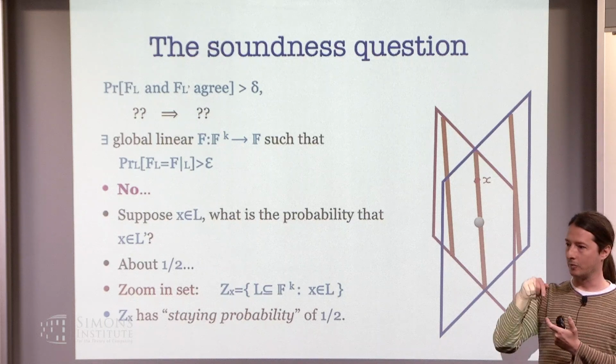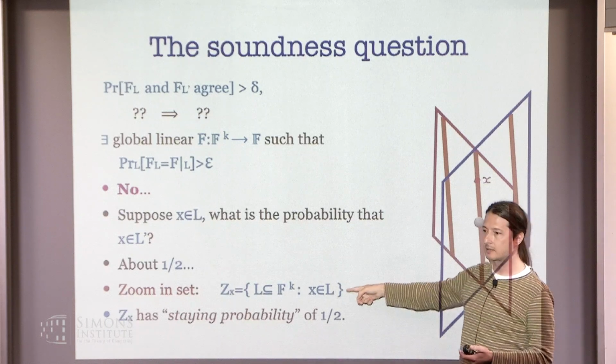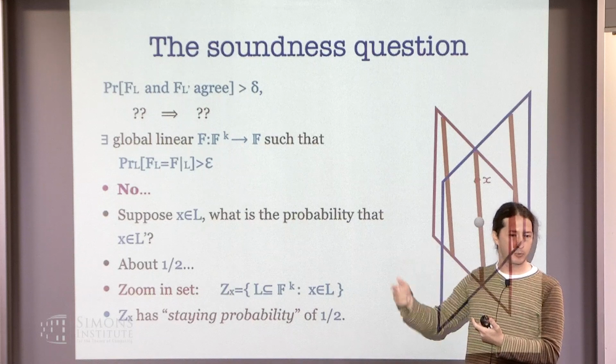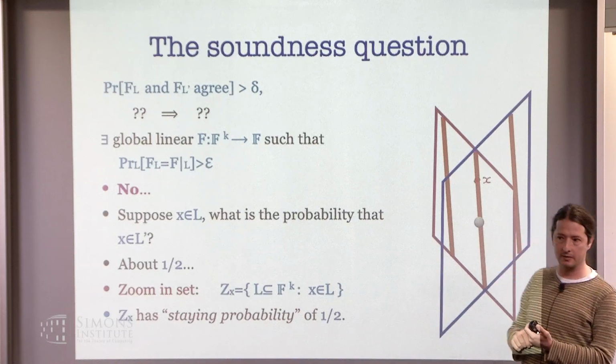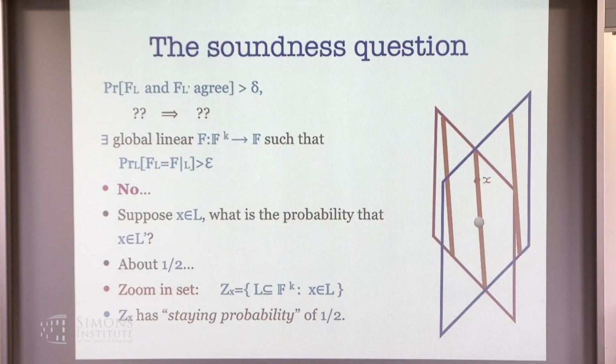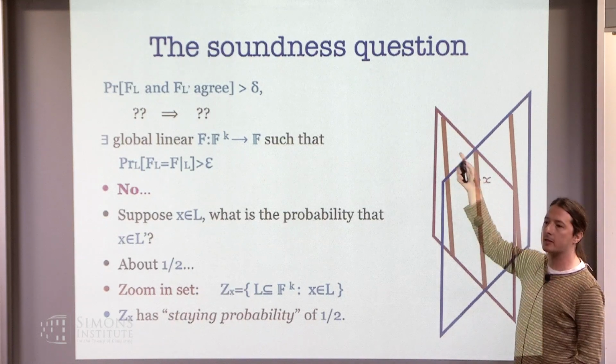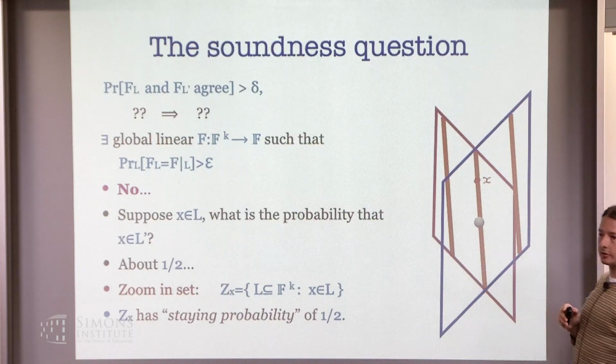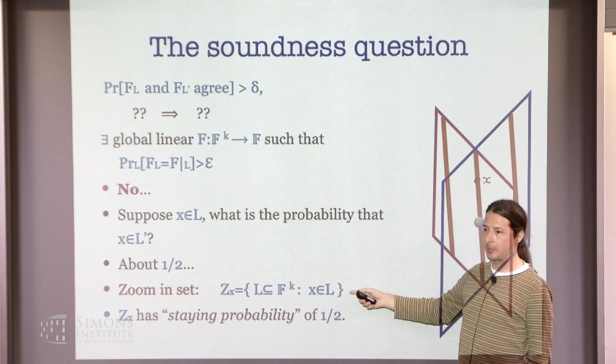If you do a random walk inside Zx, at each step there is a high probability of staying inside Zx. You're connecting everybody of codimension 1, you're saying? Yeah, so you're connecting two subspaces if their intersection is of codimension 1. And in this graph, Zx is a non-expanding set.